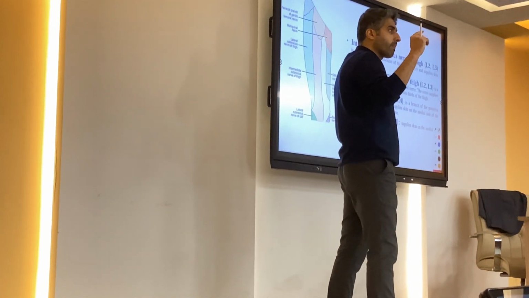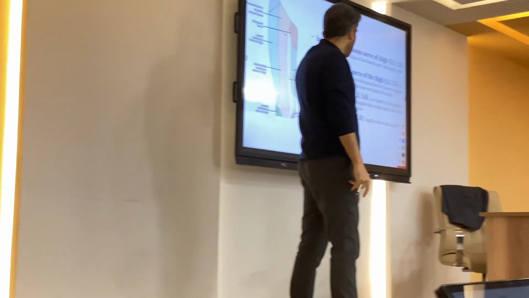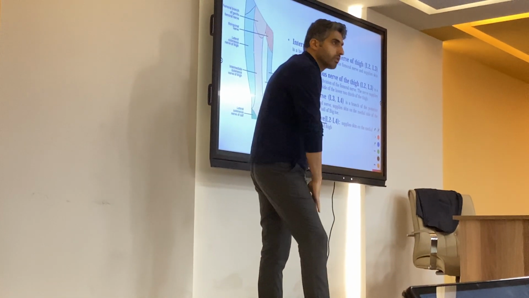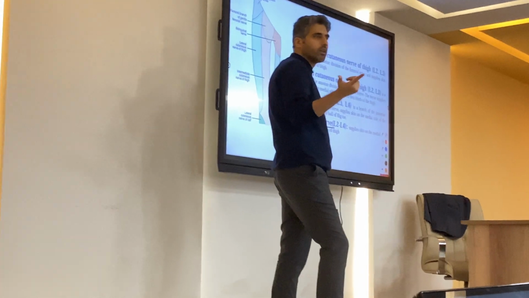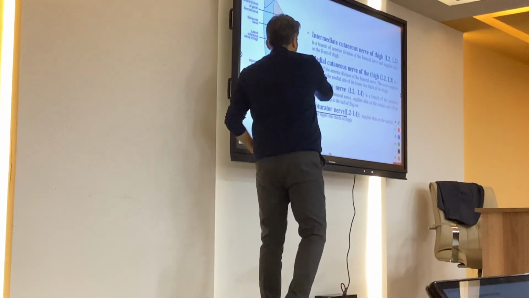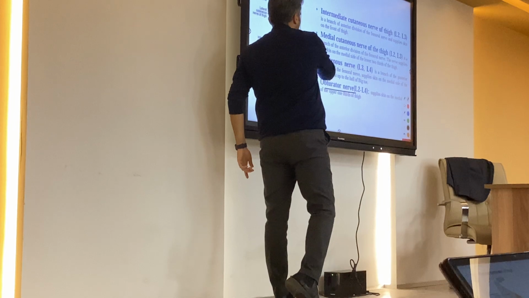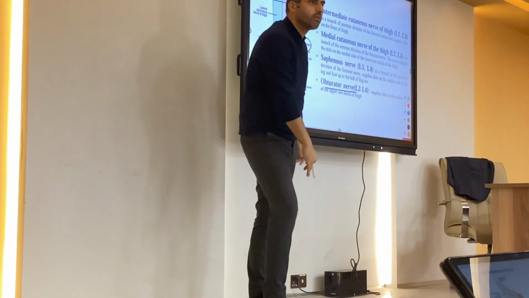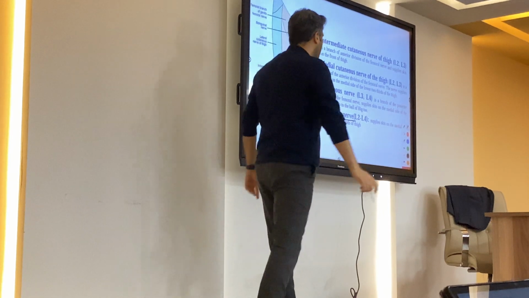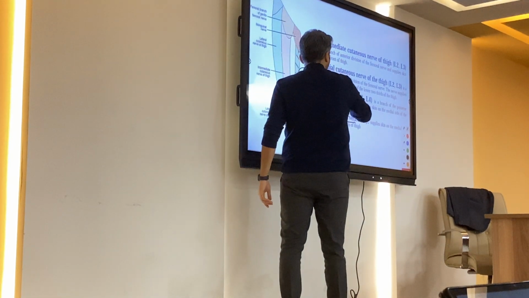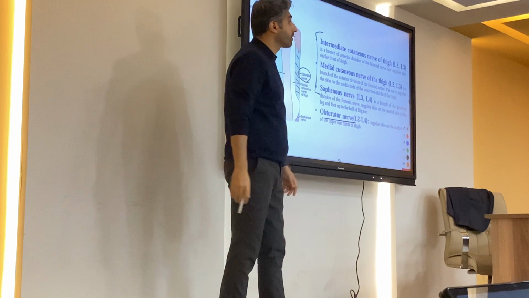So, obturator nerve is responsible for the medial compartment, both motor and sensory. So sensation of this region is also from the obturator nerve, medial side of the thigh. And these three nerves are all branches of the femoral nerve.